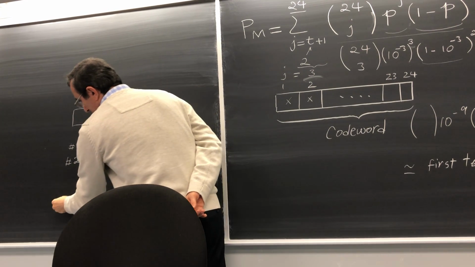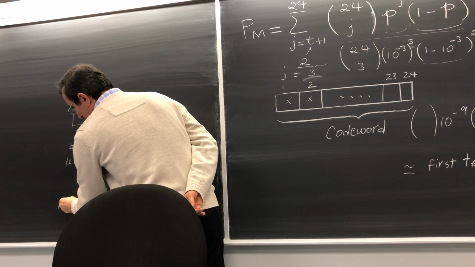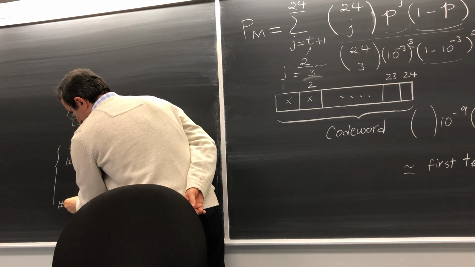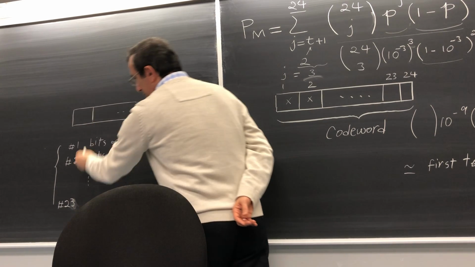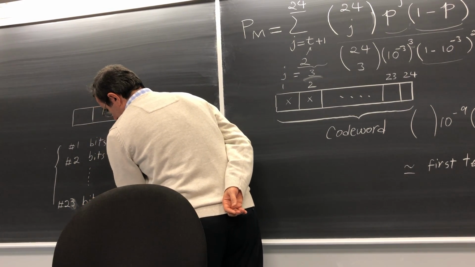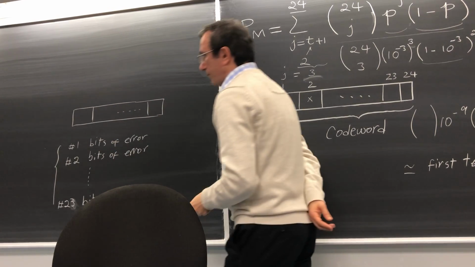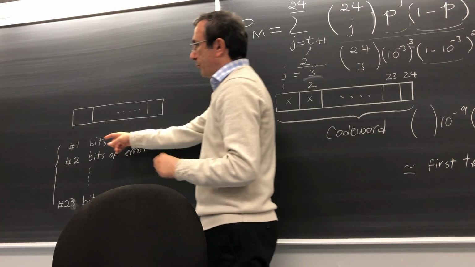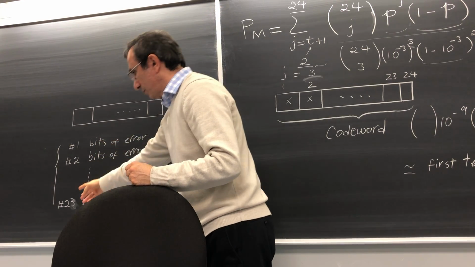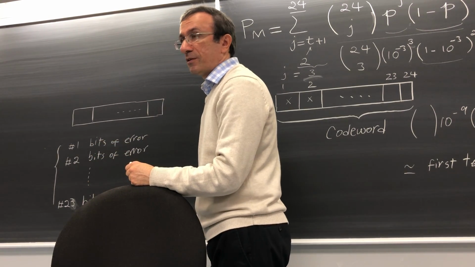If you are asked to calculate the summation of these 23 situations, the probability of the occurrence of 1 error bit, 2 error bits, all the way to 23 error bits.